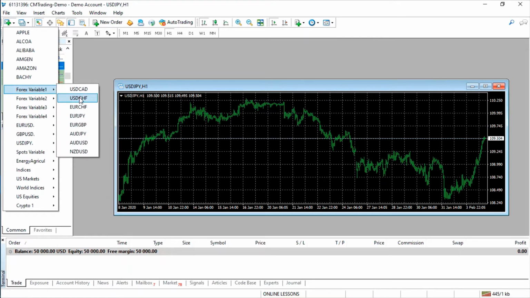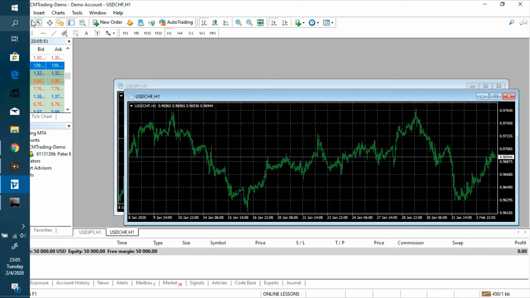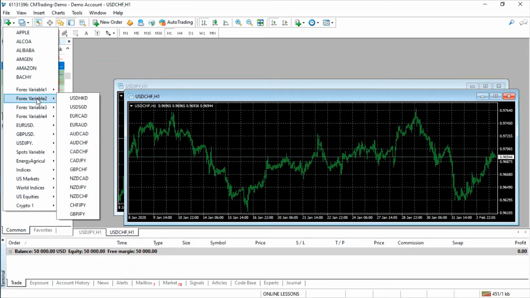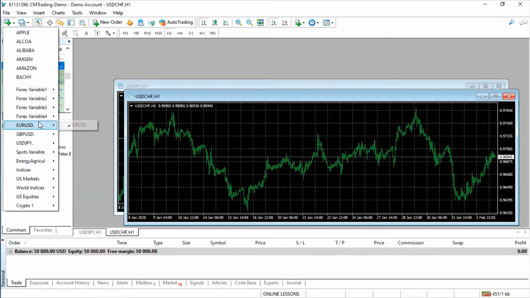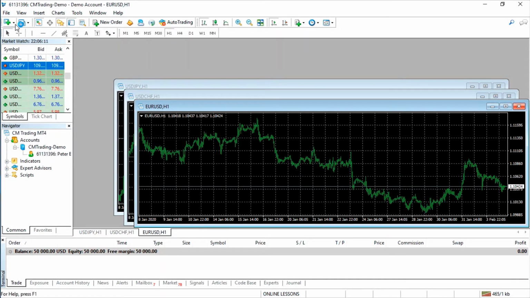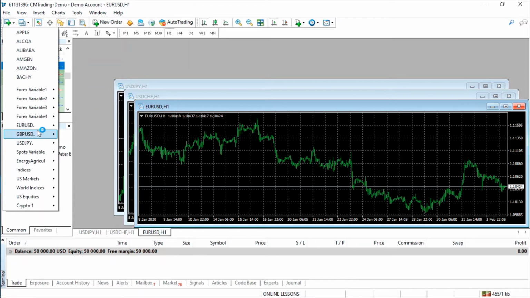We have the USD/CHF here. Let's look for the major currencies. Here it is, EUR/USD. Then we have the GBP/USD.